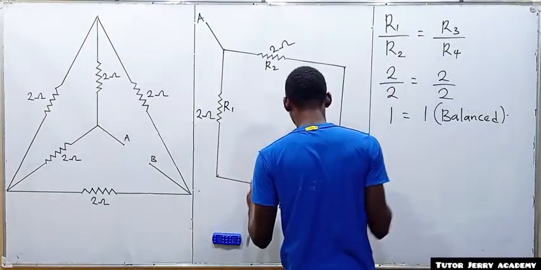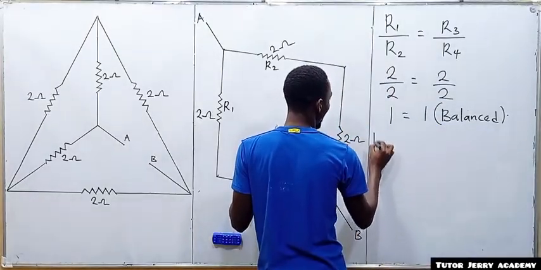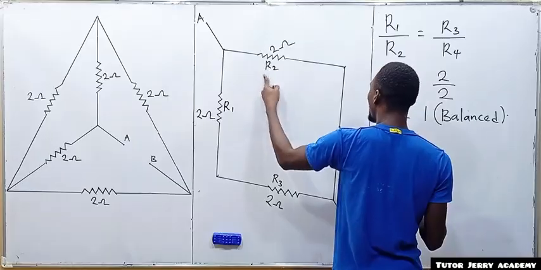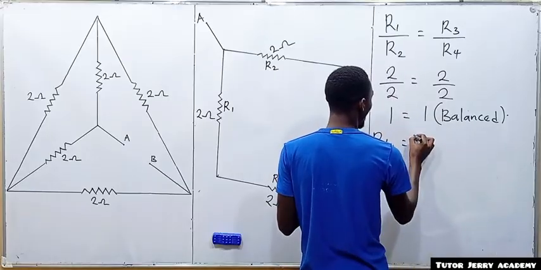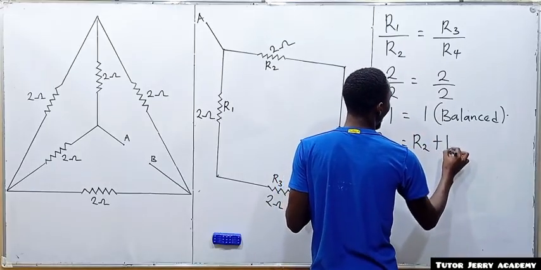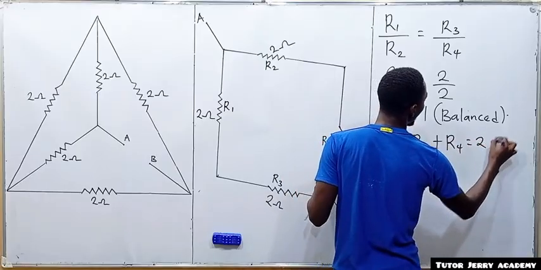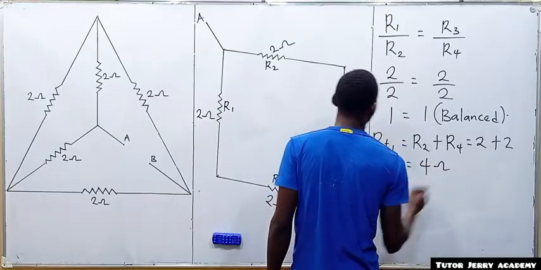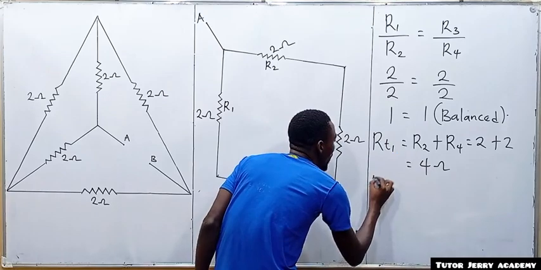Alright, so let's take RT1. RT1 is going to be R2 plus R4, which is 2 plus 2, and 2 plus 2 is what? 4 ohms. Alright, so let's go for RT2.